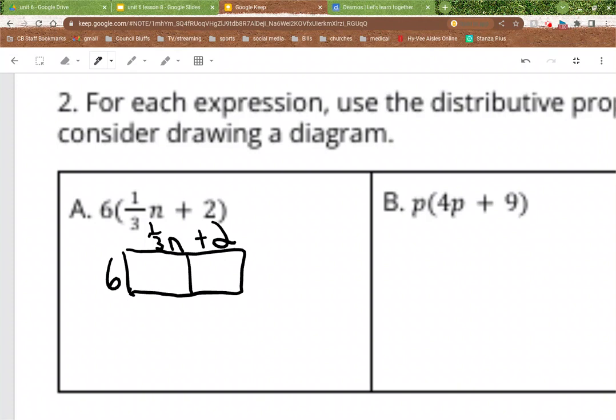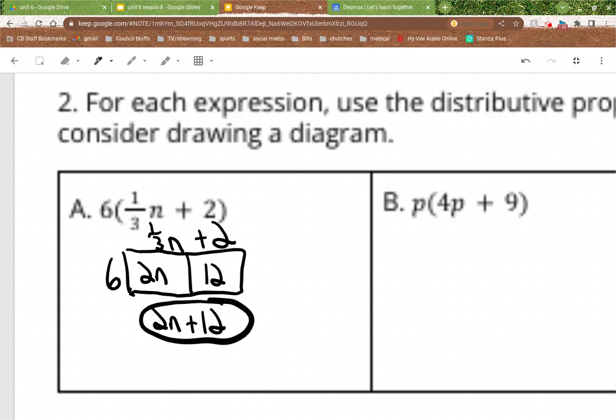So 6 times 1/3 n. If you have to, use a calculator, but 6 times 1/3 is 2, so this is going to be 2n. And then this one right here is going to be 6 times 2, which is 12. So the answer is 2n plus 12.